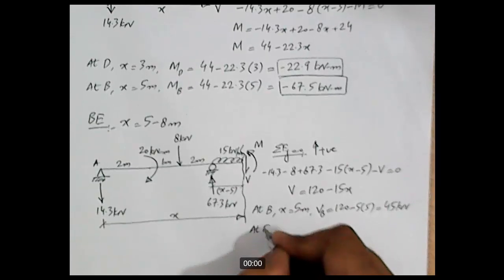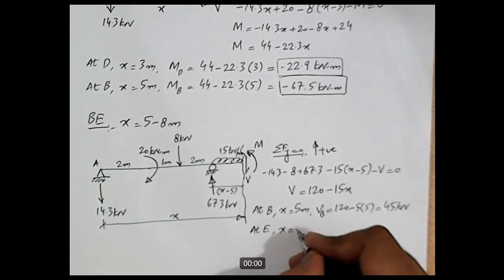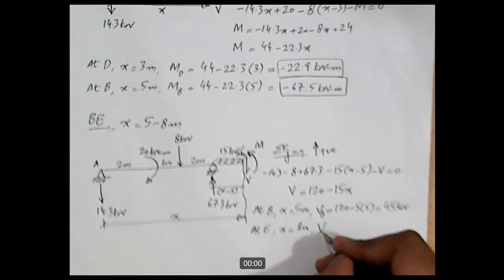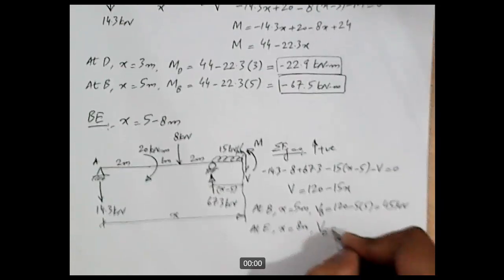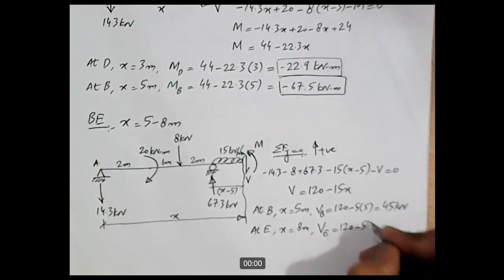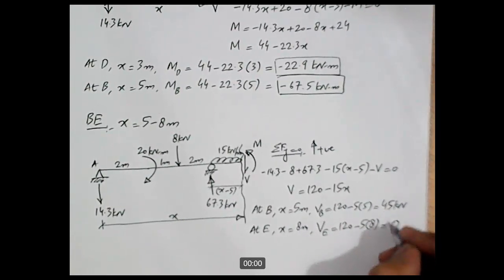And at E, X is equal to 8 meters, and V_E will be equal to 120 minus 15 into 8, and that is equal to 0.